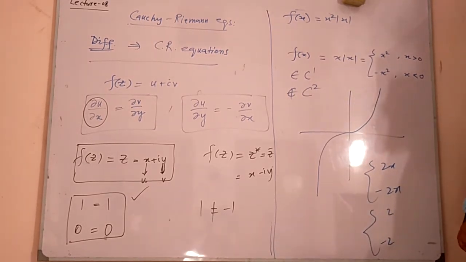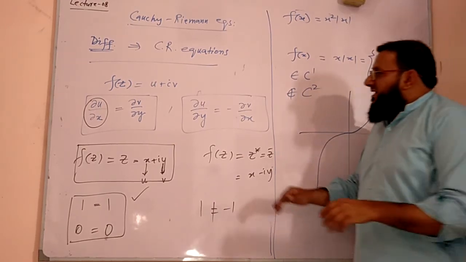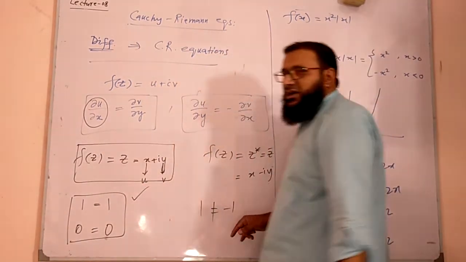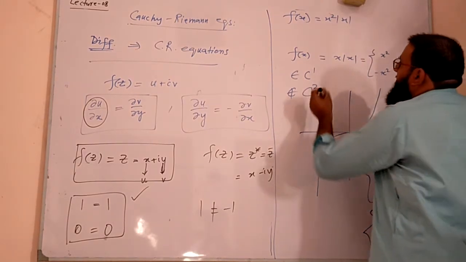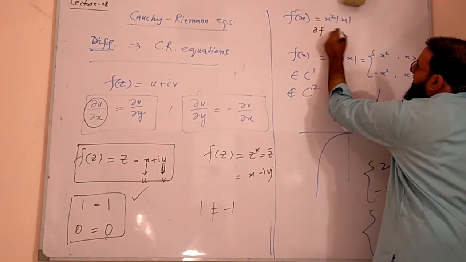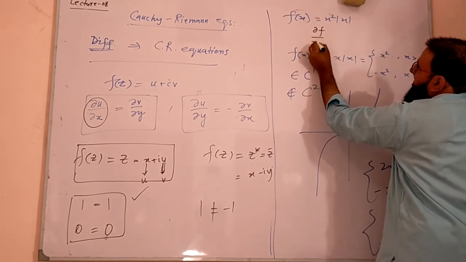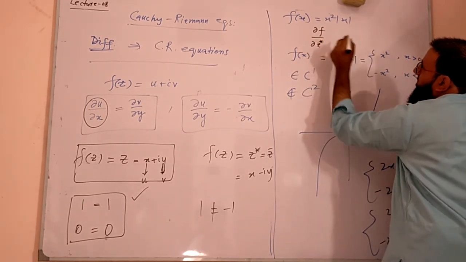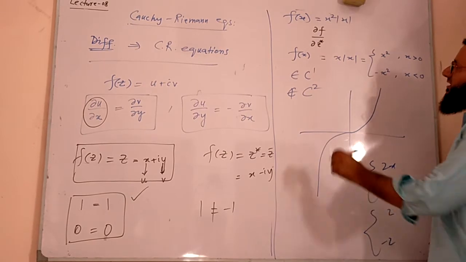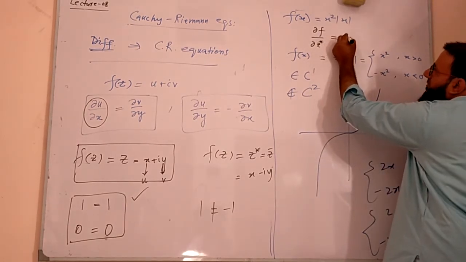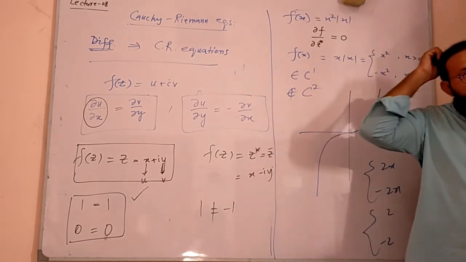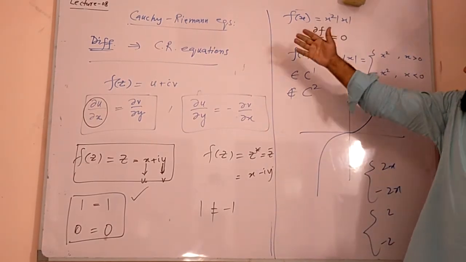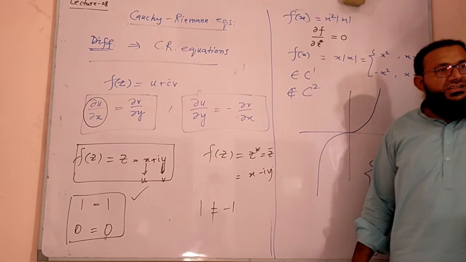And some books rewrite these Cauchy-Riemann equations into one equation: when you differentiate the complex valued function with respect to z conjugate, it should be equal to 0. Then Cauchy-Riemann conditions are satisfied.